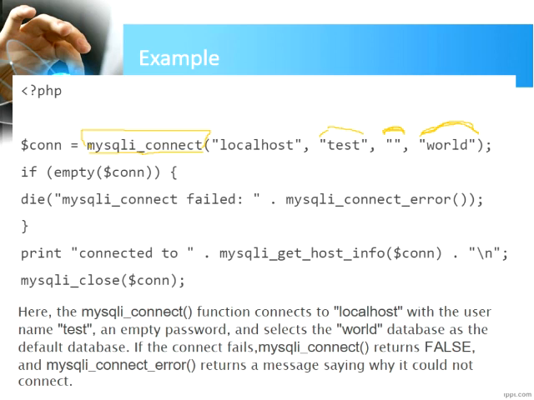So this function returns con. So con in our case is a variable that represents, not the database name. Yes, the connection to the database. So con represents the connection to the database.